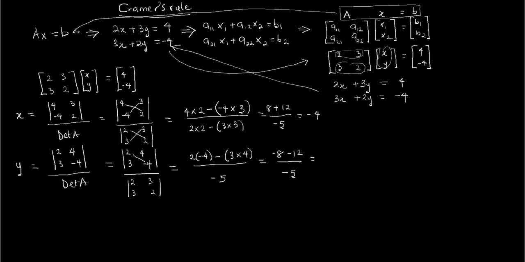That gives us minus 20 divided by minus 5, and that's a 4. So the value of x is equal to minus 4 and the value of y is equal to 4.